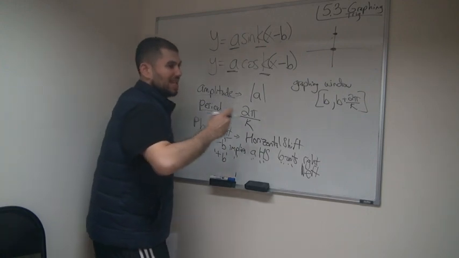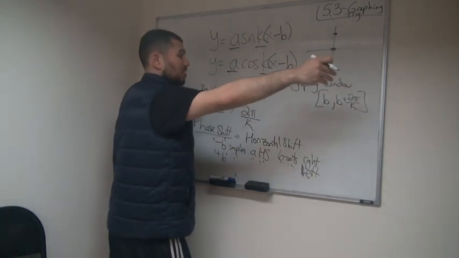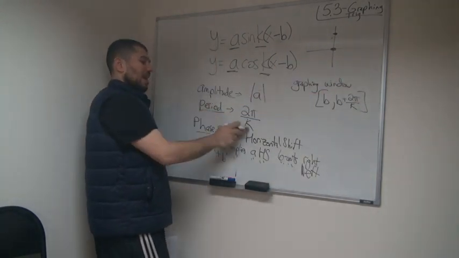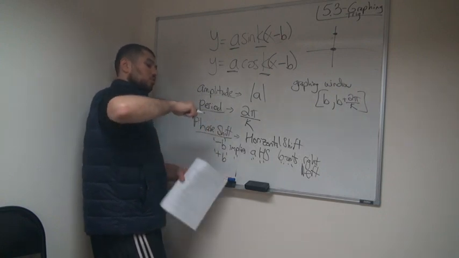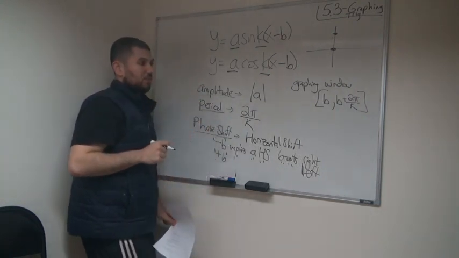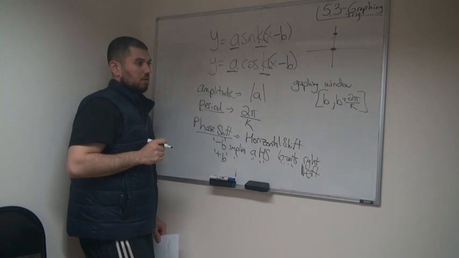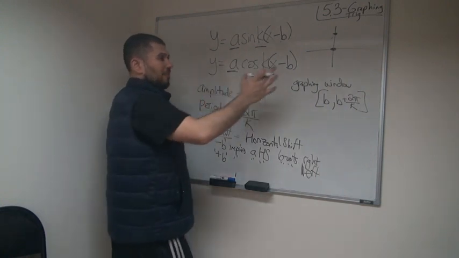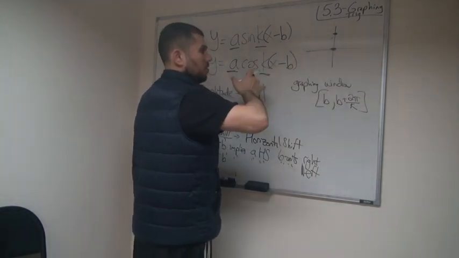Then I would pull out or pull in the cycle length if I had a period change, and stretch it up or down if I had an amplitude change. But now I have to physically move this graph to the left or to the right.